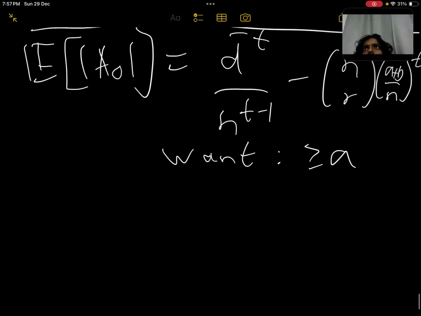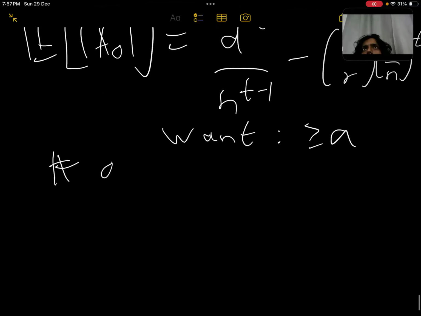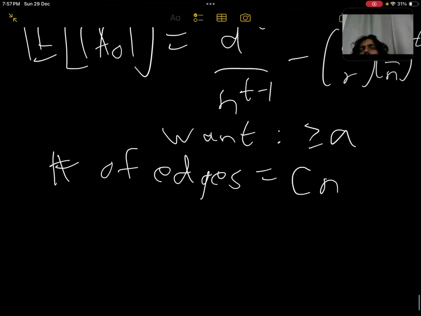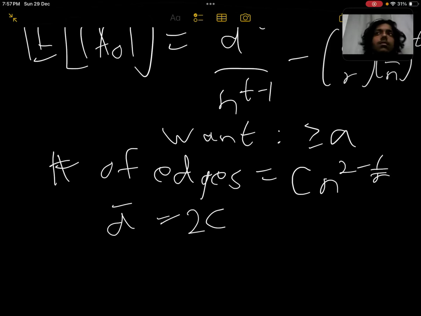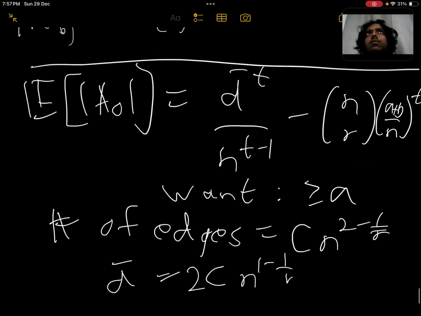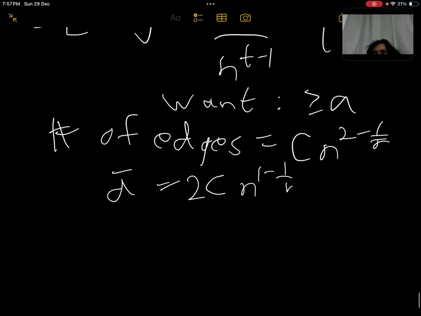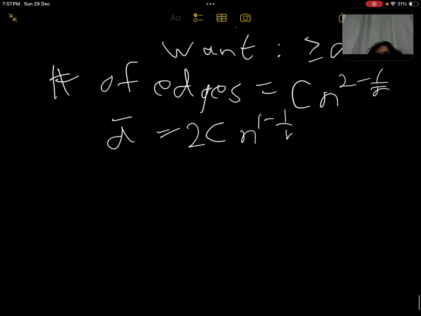And so, what we choose for the number of edges, the bound that we finally want is some C n raised to 2 minus 1 by R. And so that would imply that d bar is some 2C into n raised to 1 minus 1 by R. We'll put this in the above quantity and simplify slightly.